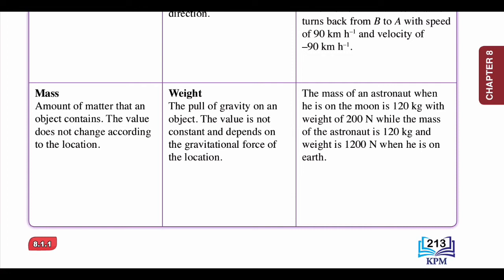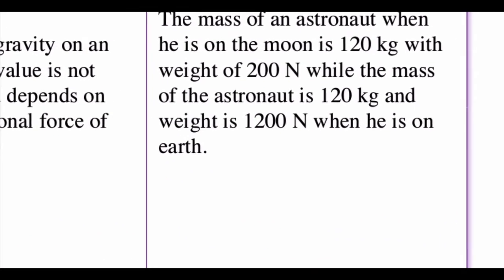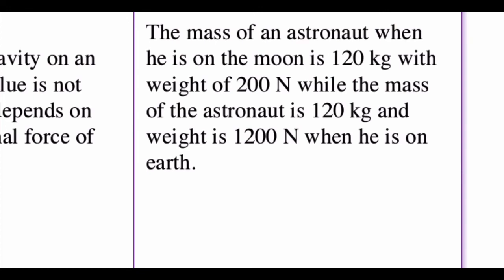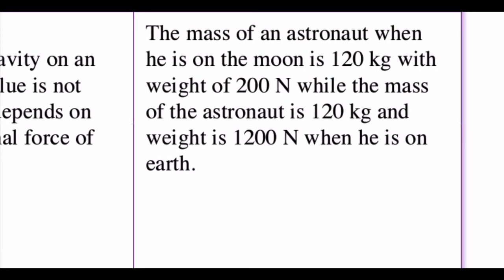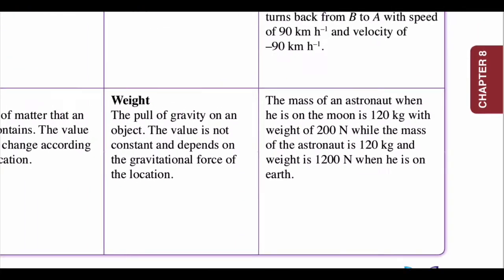So the mass of an astronaut when he is on the moon is 120 kg with a weight of 200 Newton, while the mass of the astronaut is 120 kilogram and the weight is 1200 Newton when he is on Earth. Alright.